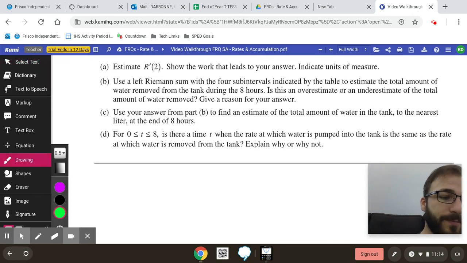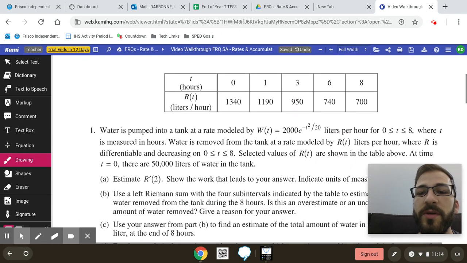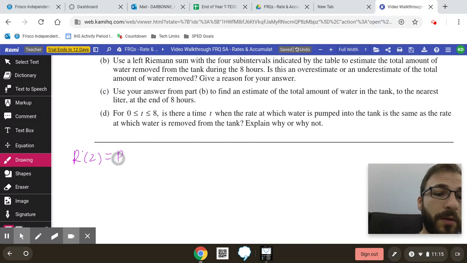So for part A, R prime of 2 is approximately, we want to pick values on either side of 2, so 3 and 1. R of 3 minus R of 1, over 3 minus 1.